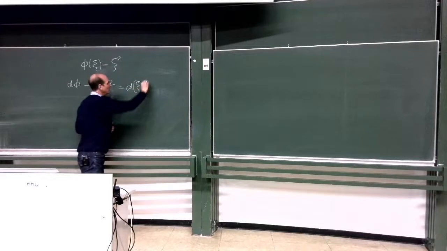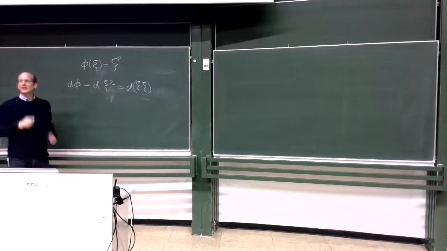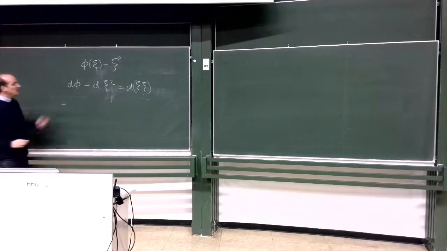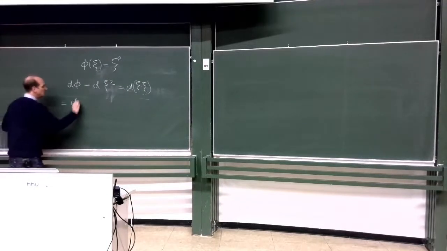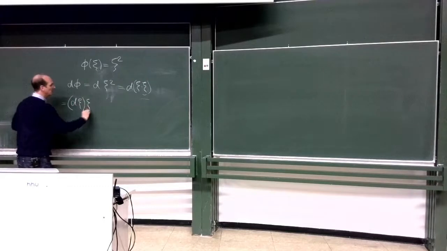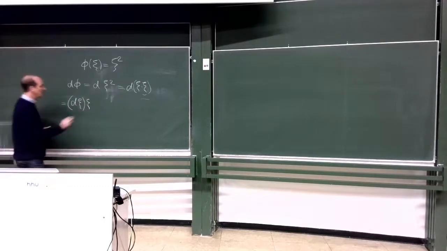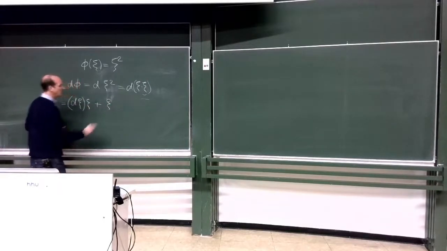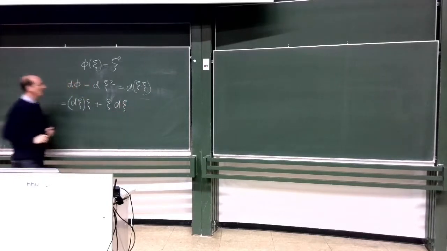Okay, so the bracketing is like that. It's like the differential of a product of two scalars. That basically means I have the differential of the first one times the right-hand side plus the left-hand side times the differential of the right-hand side.